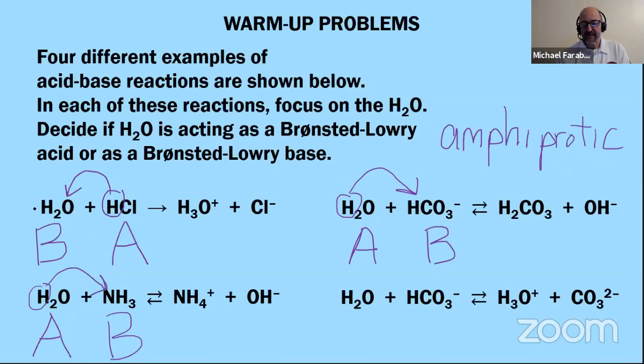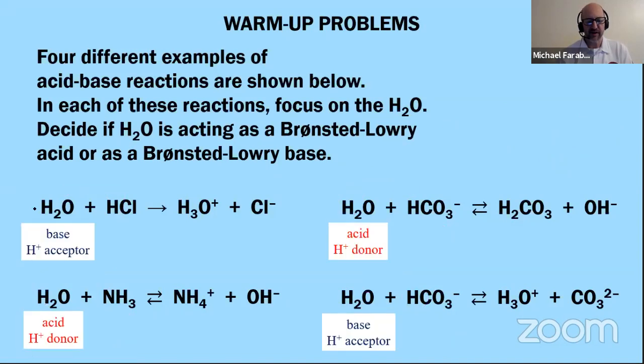And in our next example, the hydrogen carbonate or the bicarbonate has turned into the carbonate ion on the right, so it must have lost the H+. That was transferred to the water. So the bicarbonate is behaving as an acid, and the water, as a proton acceptor, behaves as a base. So the four correct answers to this question are right here on the screen.